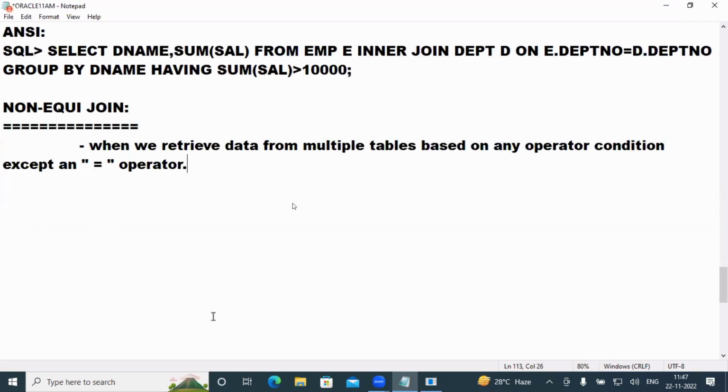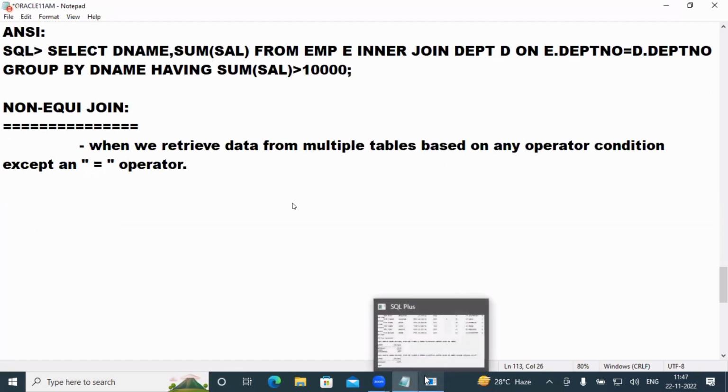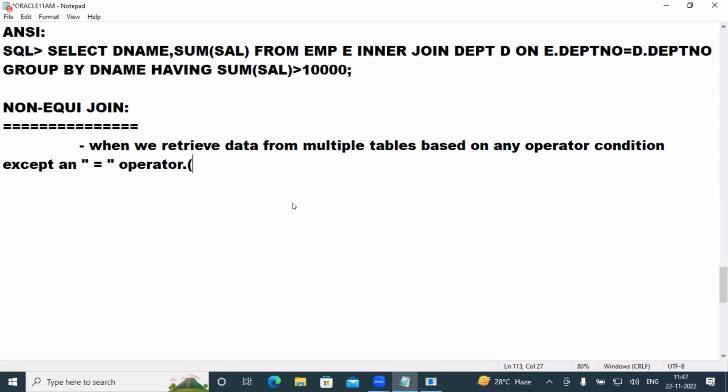First I will show you some examples. Observe. Which kind of operators can I use? Less than, greater than, less than or equals to, greater than or equals to, not equals to, AND operator, BETWEEN operator, etc. So any operator you can use, guys, but don't use an equal operator.